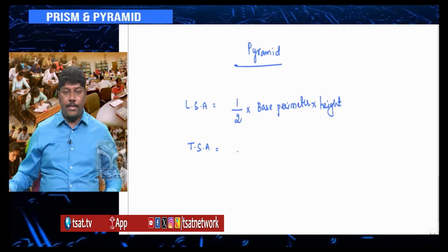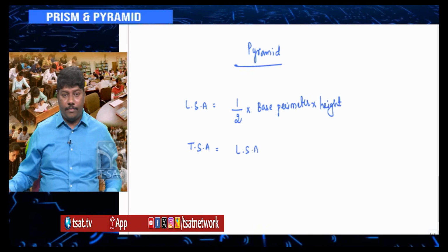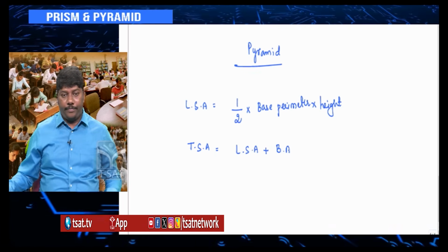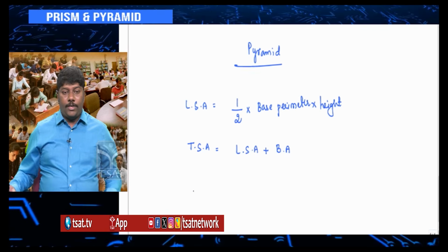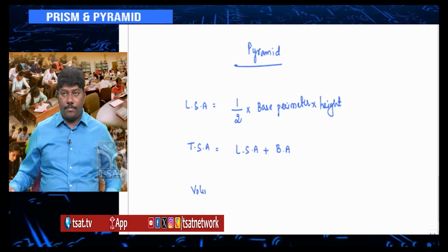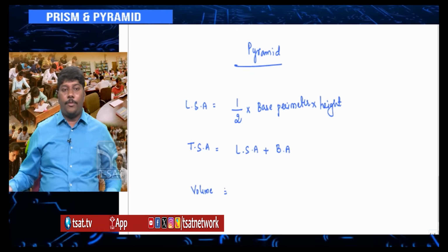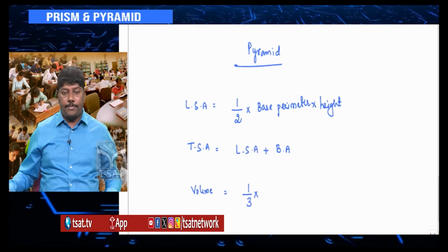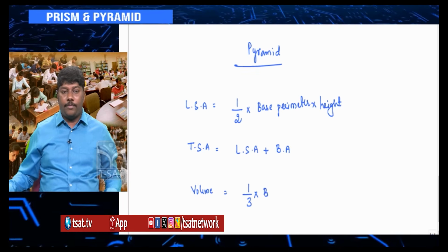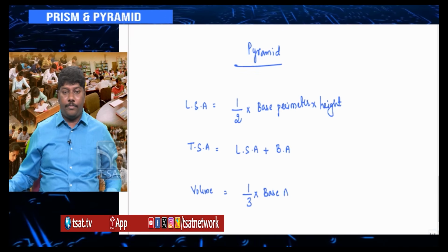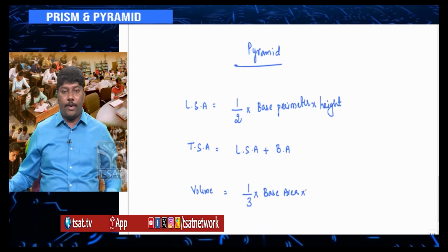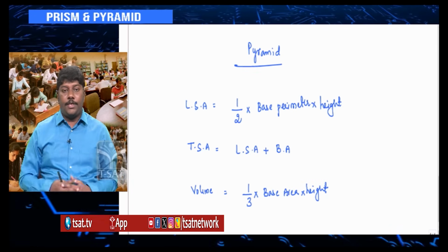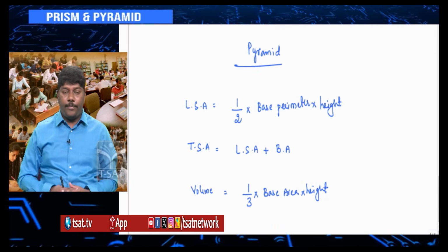Total surface area is the lateral surface area, along with which you just need to add the base area. What is the volume? The volume of the pyramid is exactly 1/3 of the volume of the prism. What is the volume of the prism? Base area multiplied by height. So, these are the formulas related to the pyramid.